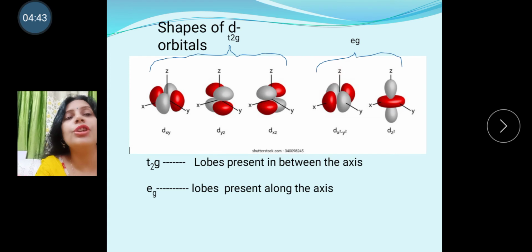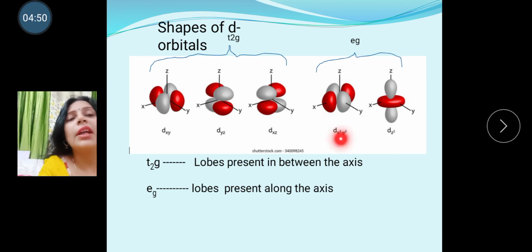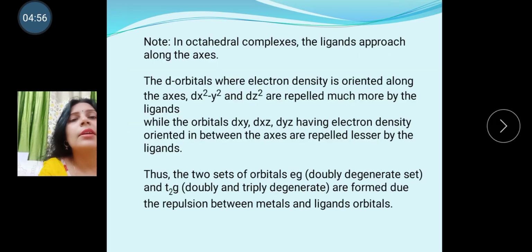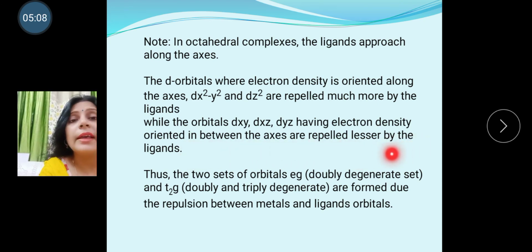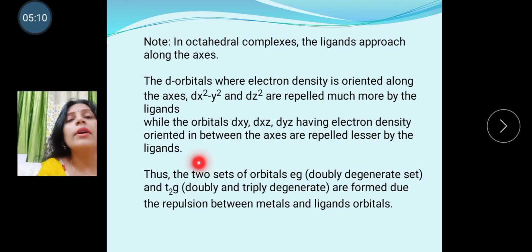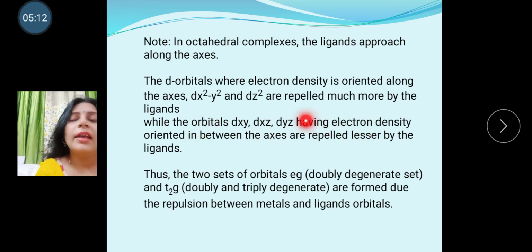So when the ligands approach along the axes, they interact directly with the eg set of d orbitals, while the dxy, dyz and dxz orbitals, having electron density oriented between the axes, are repelled less by the ligands because they are placed in between the axes.